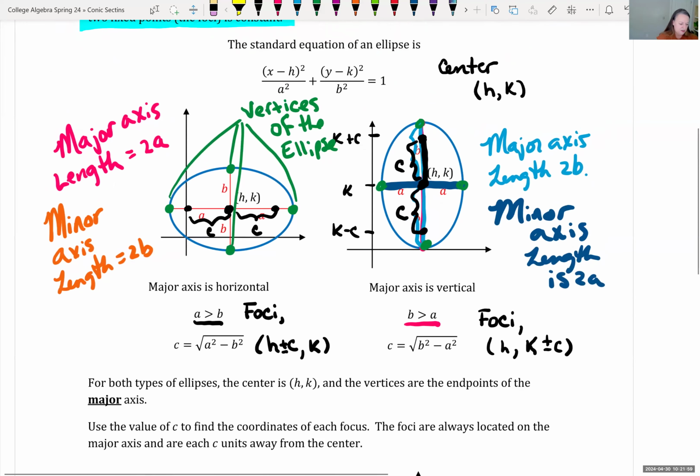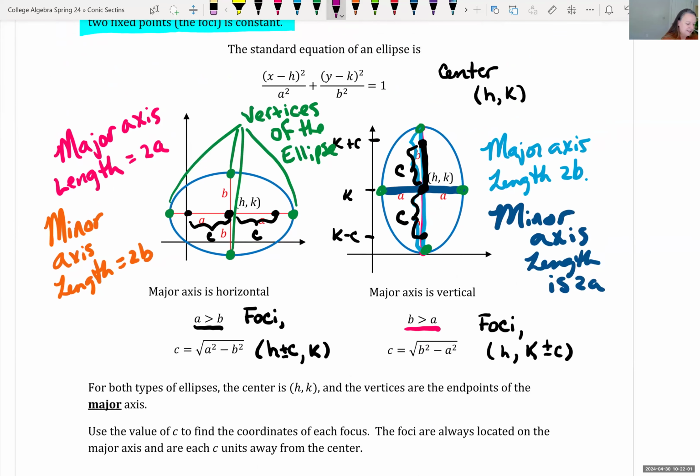Let me just go a little further. These vertices, when the major axis is parallel to the x-axis, affect the x value of my point.